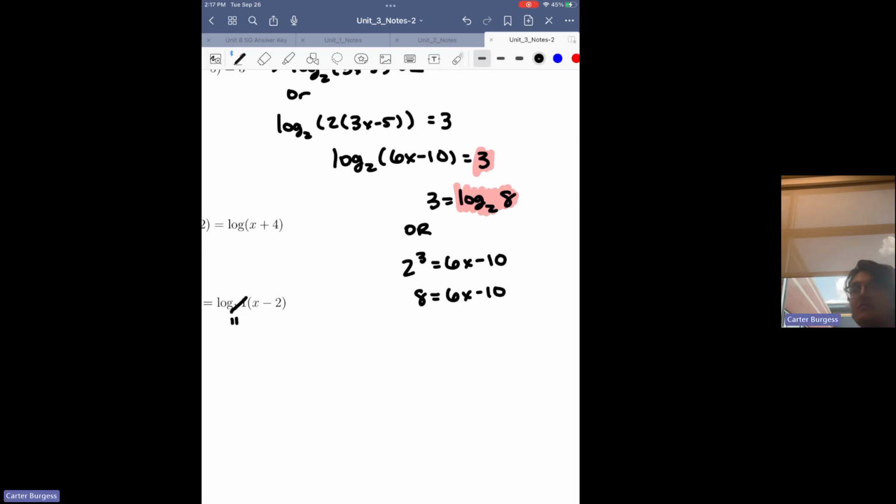We either get that log base 2 of 6x minus 10 equals log base 2 of 8, which gives us that 6x minus 10 equals 8, or rewriting it as an exponential, we get immediately that 6x minus 10 equals 8. And either way is fine. Add 10, divide by 6, I get that x equals 3.